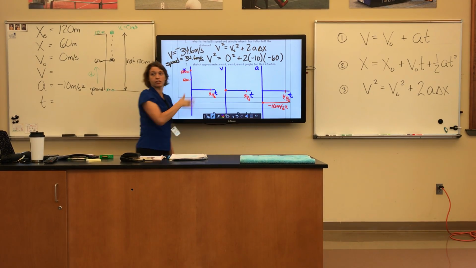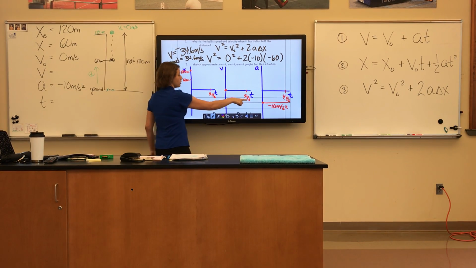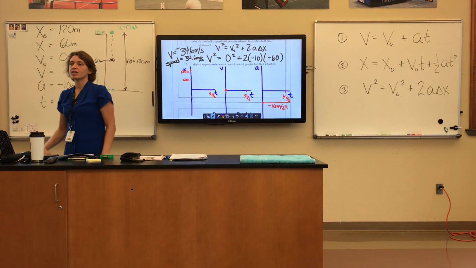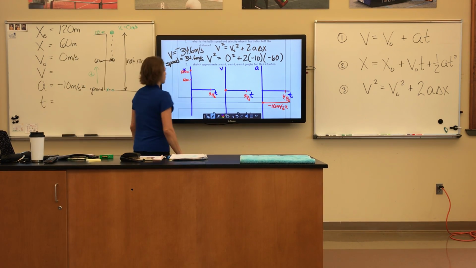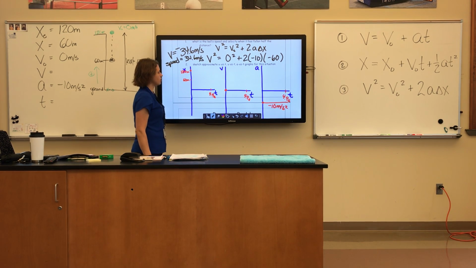They'll have different scales on the vertical axes and different numerical quantities. One thing I know for sure is for free fall, I should have, for acceleration, a flat line at negative 10 meters per second squared the whole time. I know my initial velocity is 0.